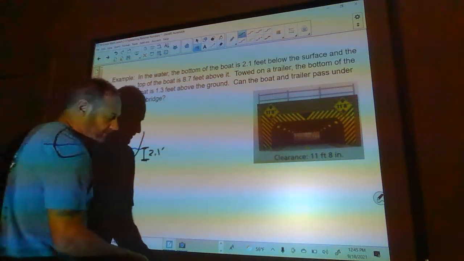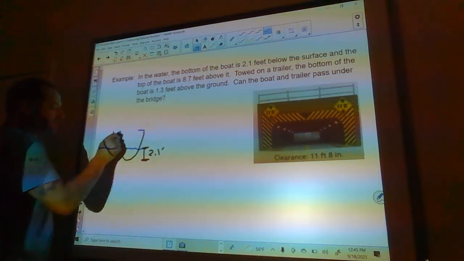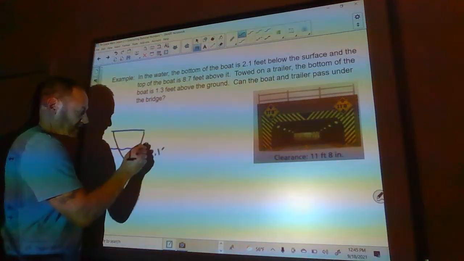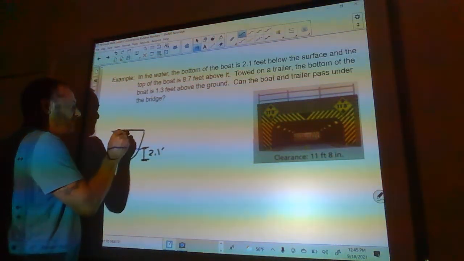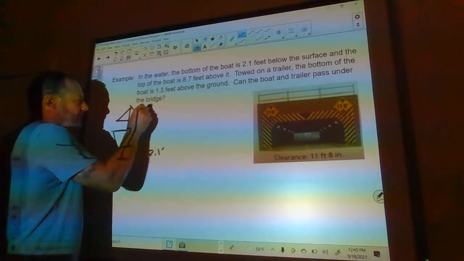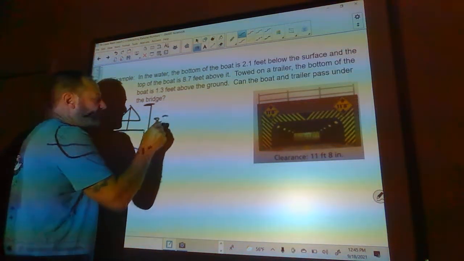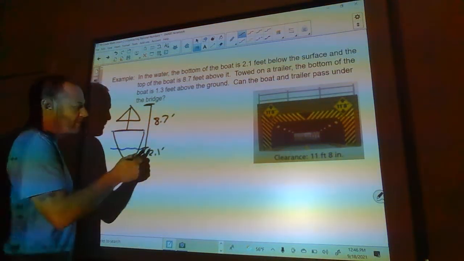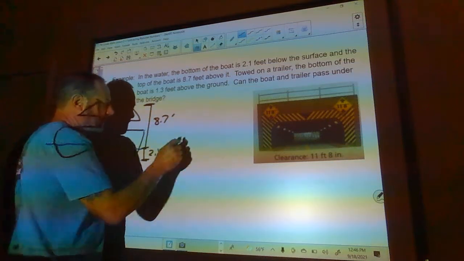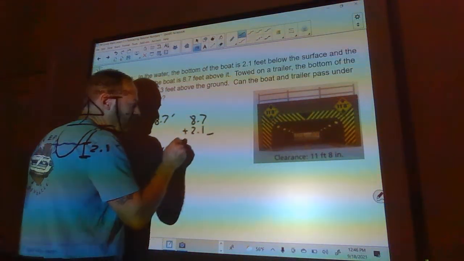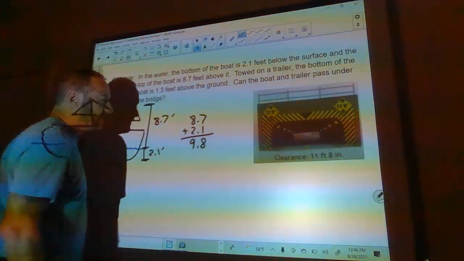And the top of the boat is 8.7 feet above, so the distance from here to here is 8.7 feet. What's the total height of that boat? Well, it's going to be those two added together. So 8.7 plus 2.1 is going to be 9.8 feet.